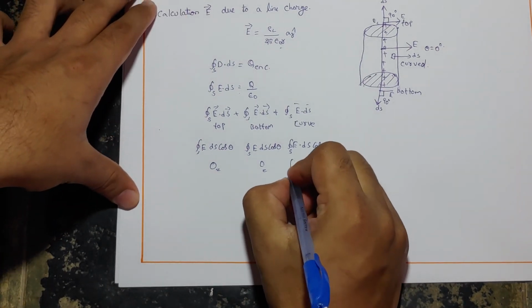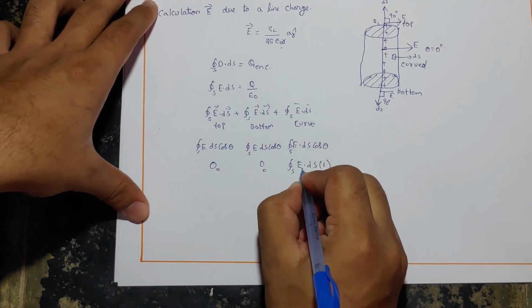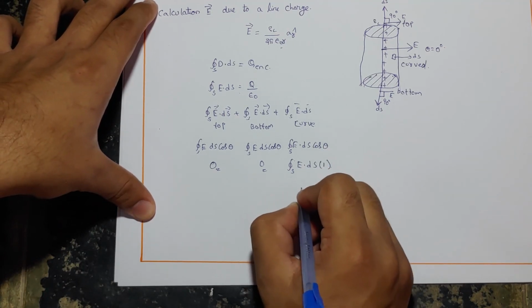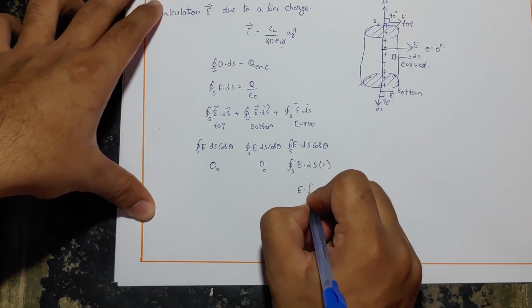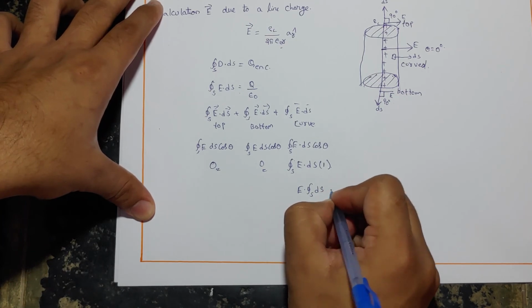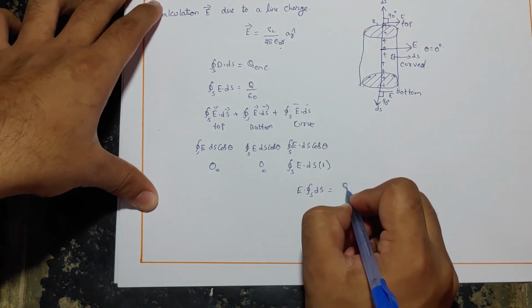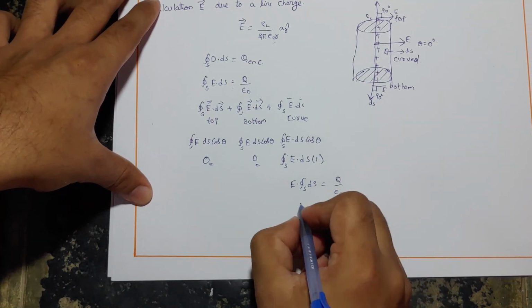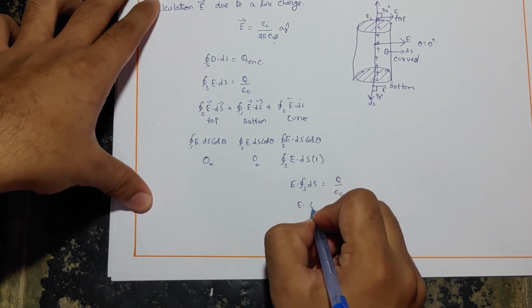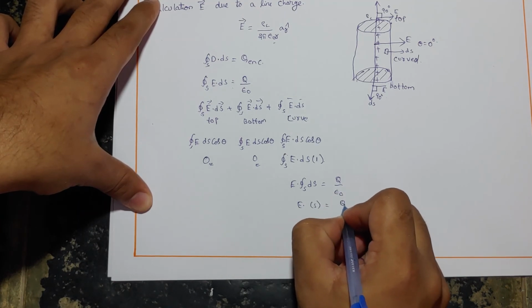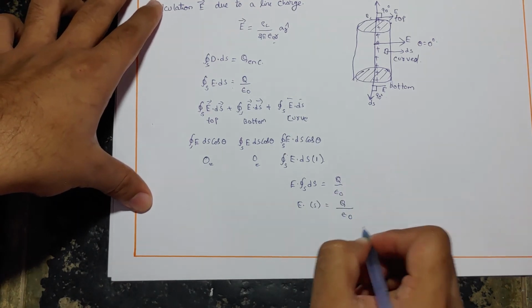That is closed surface integral. As E is not in the terms of S, E would come out, and closed surface integral E ds is equal to, it is charge by epsilon naught. It is equal to E times of S is equal to Q by epsilon naught.